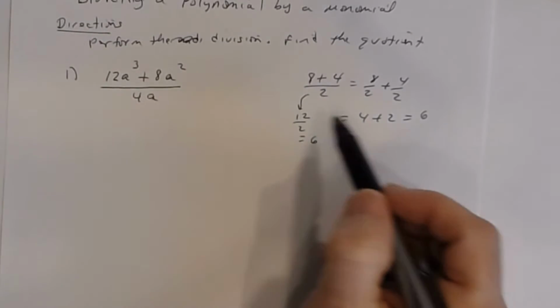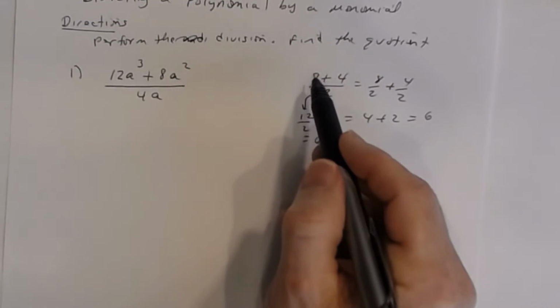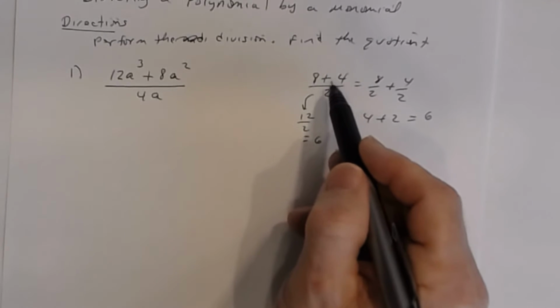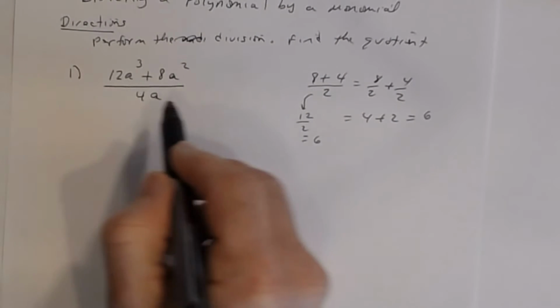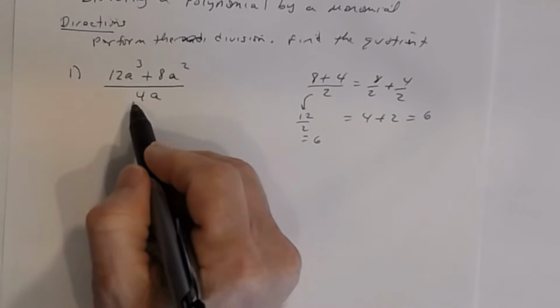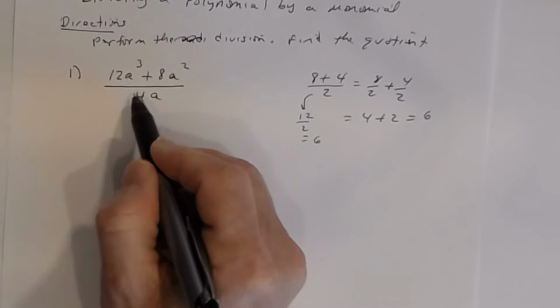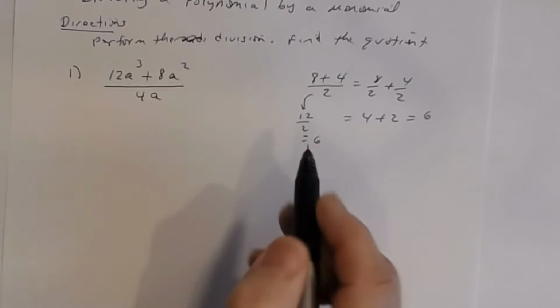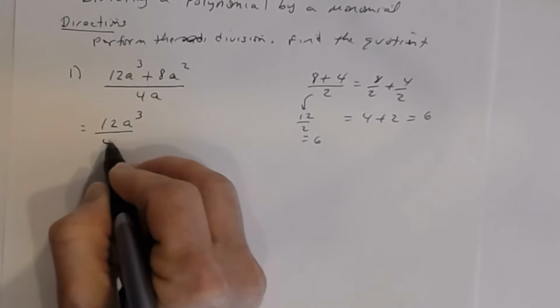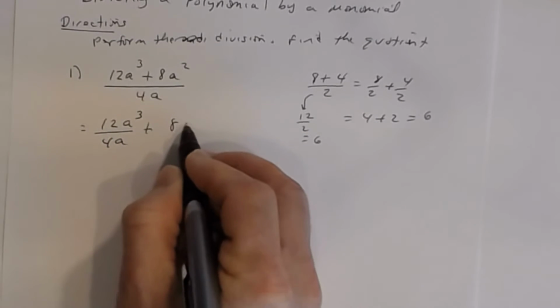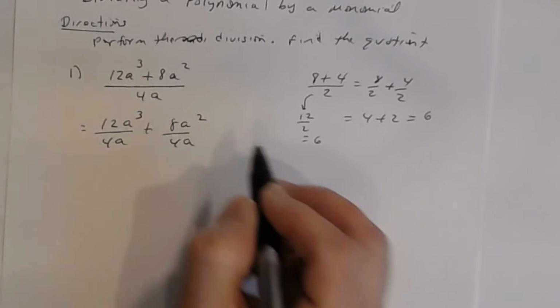The way you want to do this is to take each term in the numerator and divide it by the monomial. So this becomes 12a cubed divided by 4a plus 8a squared divided by 4a.